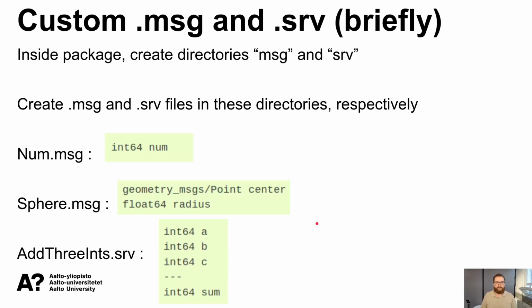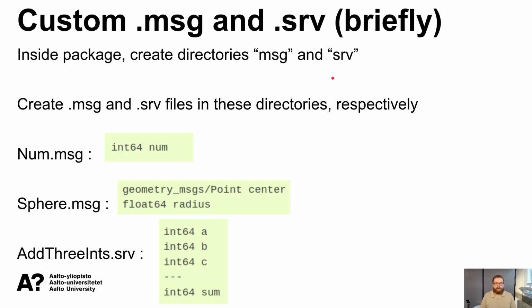If we want to create our custom messages and service interfaces, after creating that package, within the package main folder we would create a directory named msg and a directory named srv. So msg and srv, separate directories.